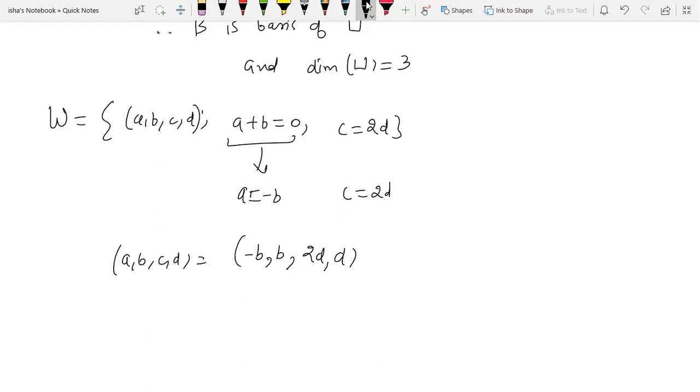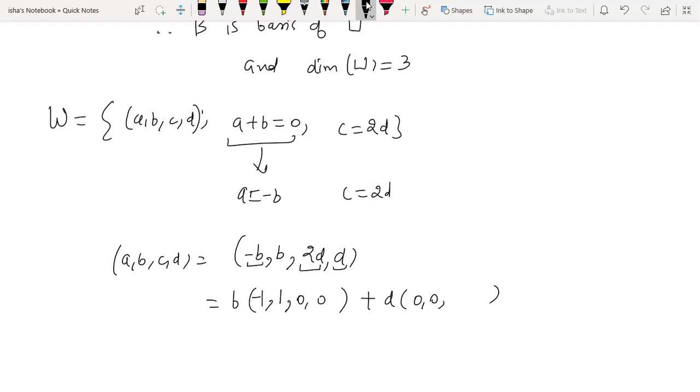Okay, so I have got these two parameters now. The whole four coordinates are expressed in terms of just two variables, B and D. So there should be B and there should be something D. You have to figure out what it is. It is easy, as I've just explained. The first coordinate, the coefficient of B is -1. The second coordinate, the coefficient of B is +1. Here there is no B term, which means the coefficient of B is 0.